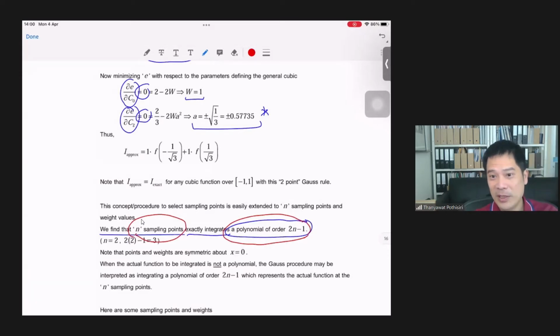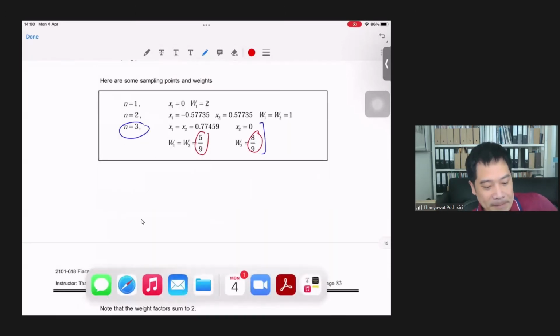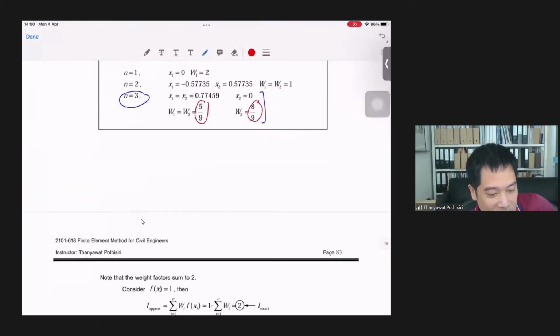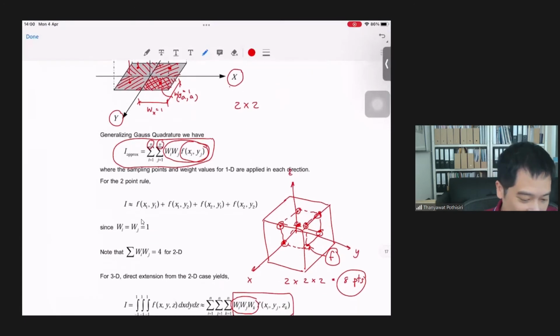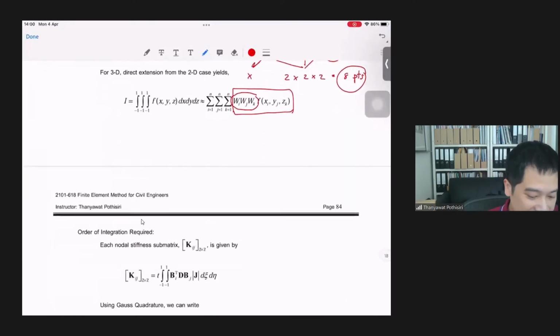So if you know the order of polynomials that you can use to represent your function, then you should be able to determine how many sampling points. Okay. So we're going to take a look at the order of polynomials for our function.